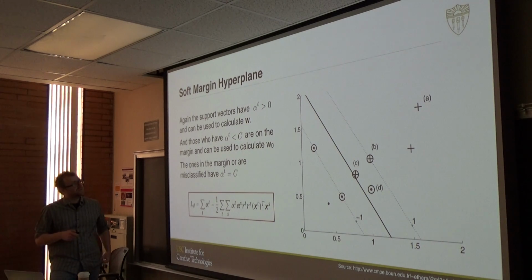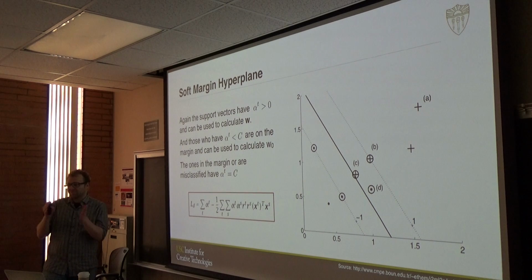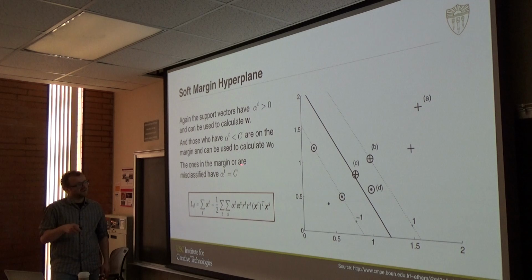And so the support vectors again are the ones that have alpha greater than 0, but it's including those guys. And so if they are restricted, the ones in the margin or that are misclassified have alpha equal to C. And so if we have that C value too large, well, that basically has very easy solutions.